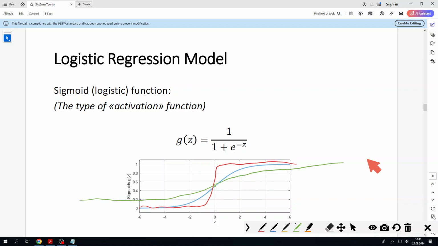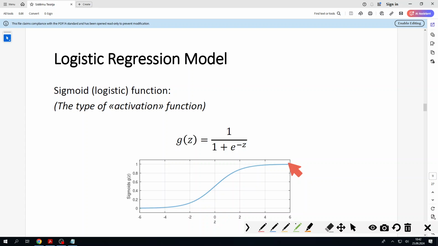This is also an option, but for a certain reason, justified mathematically of course, we decided to use specifically a sigmoid function, which is this one. And this corresponds to the logistic function, because the others were not necessarily logistic functions. They could be normal functions, they could be other functions. In a sense, we can say that we have a certain family of logistic functions, and this is just one of the possible logistic functions, which we are going to use because it provides a certain benefit for our derivative.